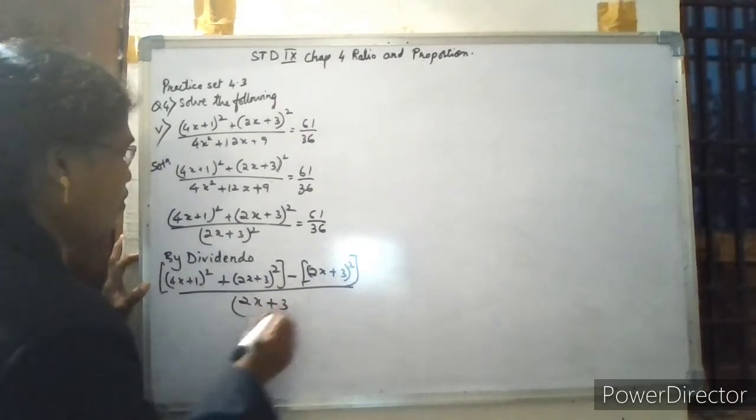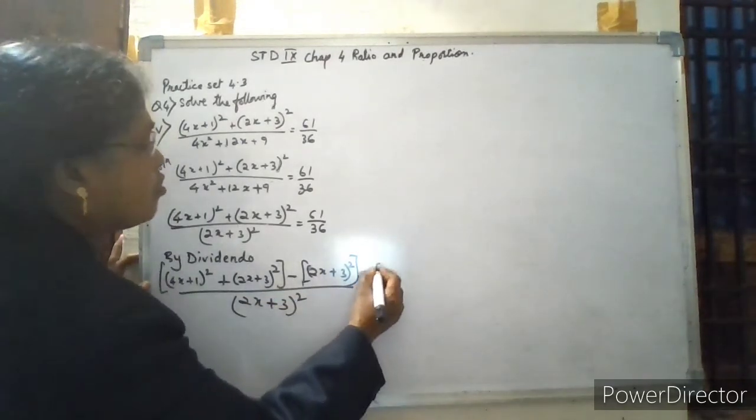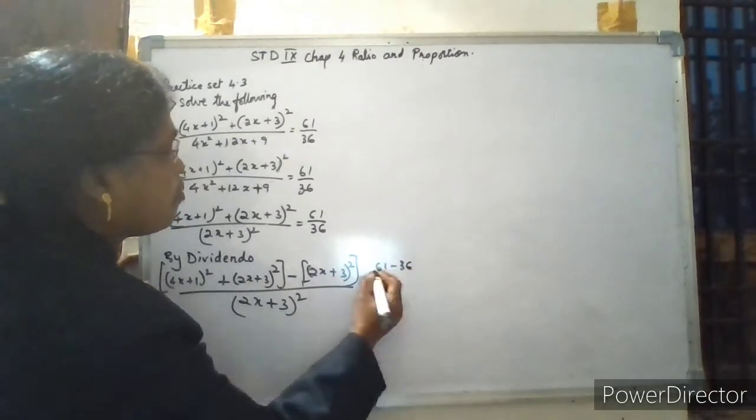This is equal to 61 minus 36 upon 36 only.